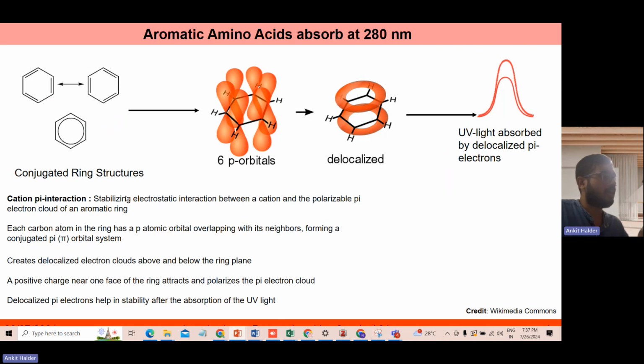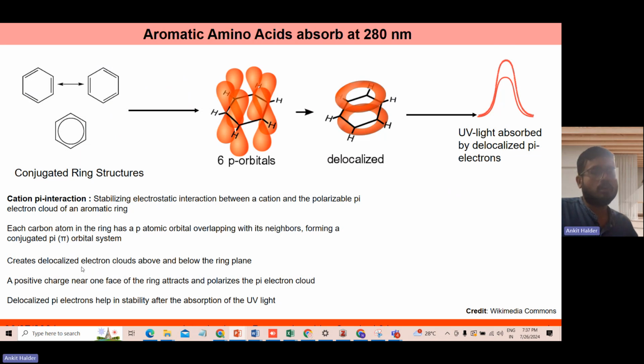So this is in a stable cation-pi interaction, and each carbon atom has a p orbital overlapping, forming a conjugated pi orbital system. This creates the delocalized electron cloud.